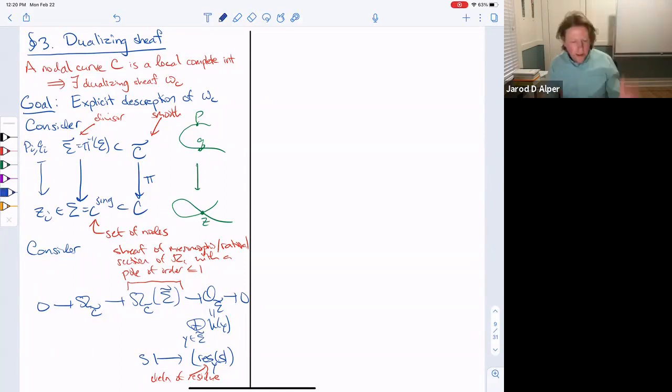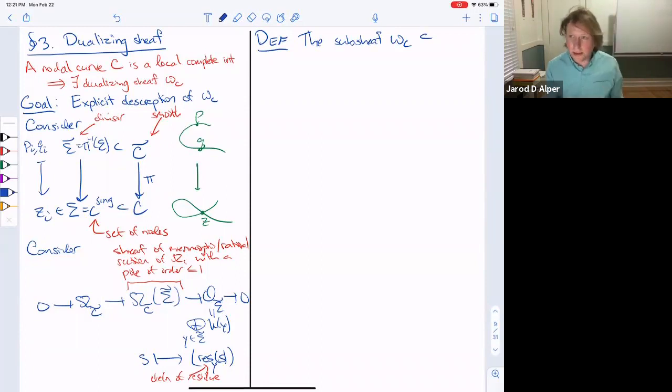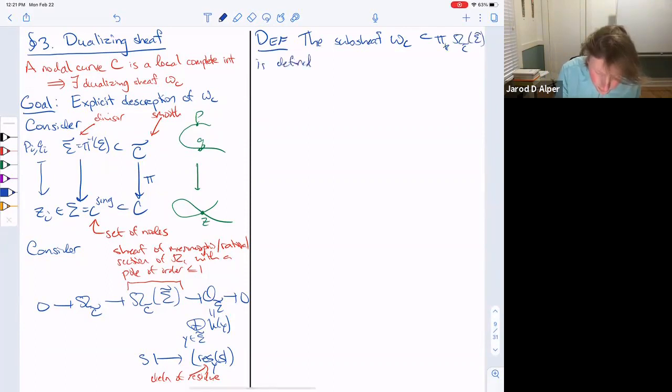So we have this, and then let's define the subsheaf omega C. We don't yet know it's the dualizing sheaf. We're just defining this as an abstract subsheaf of the push forward of omega C tilde twisted by sigma tilde, defined on an open set in C tilde.